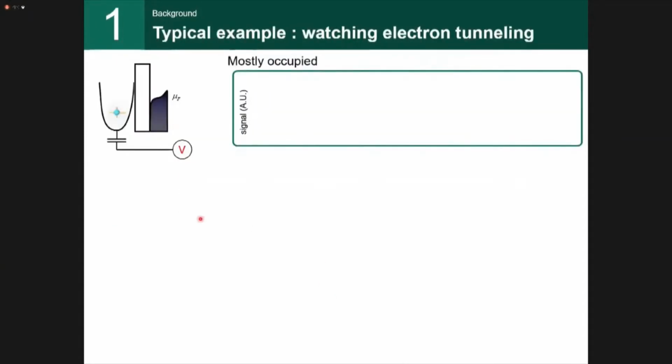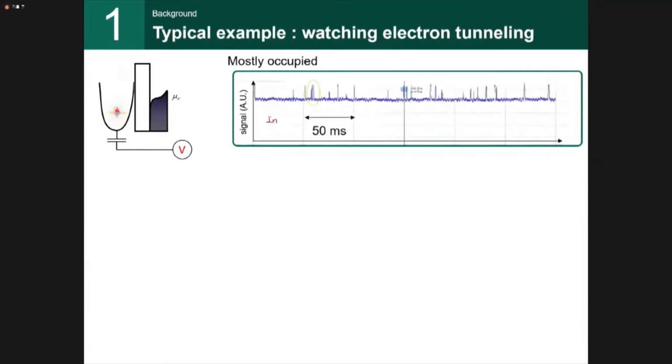For example, if you make the dot potential relatively lower than the Fermi level, then most of the time the dot is occupied by one electron, but sometimes the electron can tunnel out to the reservoir.